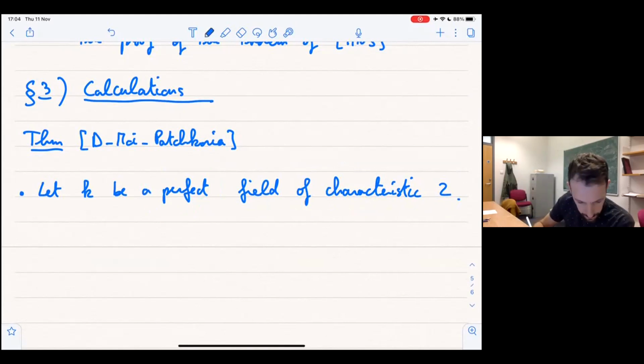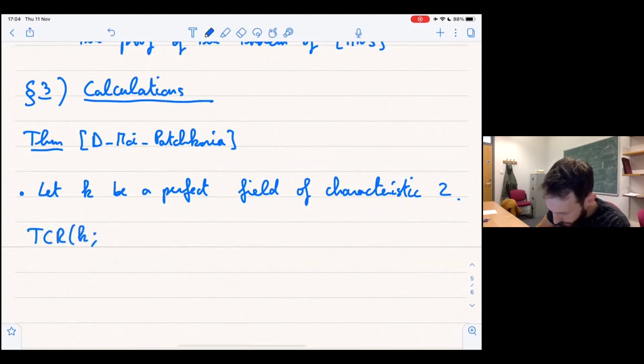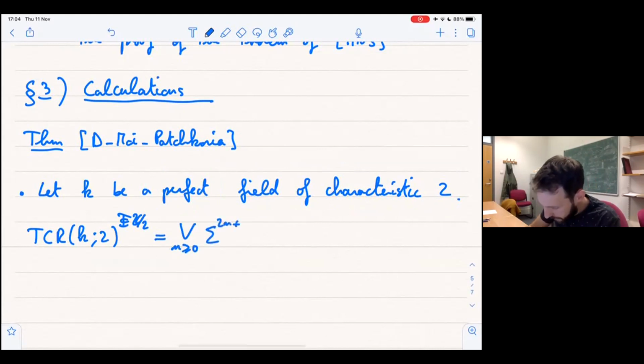And then TCR of K at the prime 2, if you take the geometric fixed points, is a wedge of, so it starts in degree -1, and it has the cokernel of the Frobenius and the identity, plus the identity.